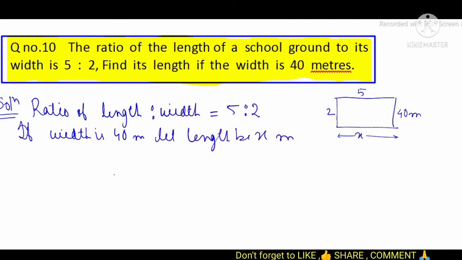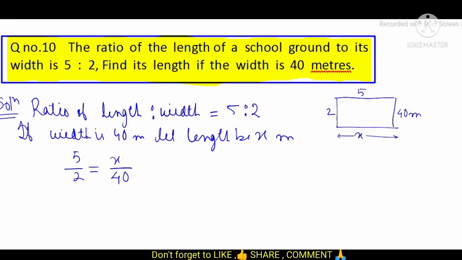So how can we write? 5/2 will be equal to x by 40. You see, 5 represents how many times the length is, and x represents the total length. Similarly, 2 represents the width and 40 represents the width in meter. So we have written it in this way.